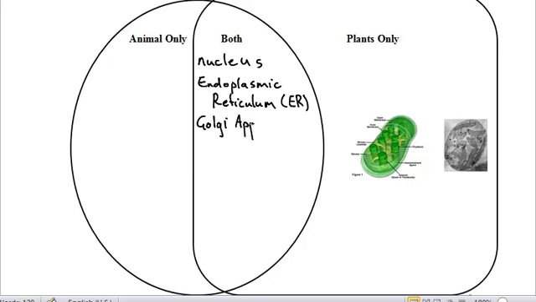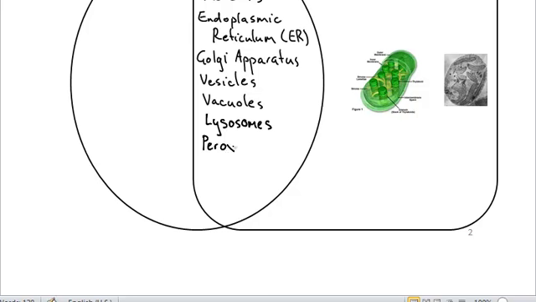which is then connected to vesicles, which are related to vacuoles, and in the similar size scale you have lysosomes, which actually recently have just been identified in plants, peroxisomes, and then slightly larger than that you have mitochondria.